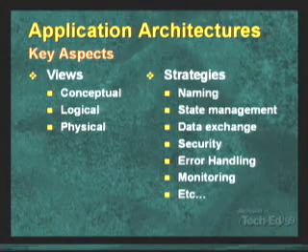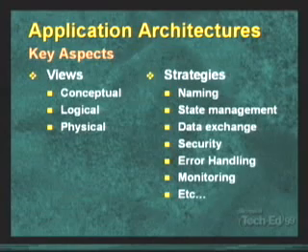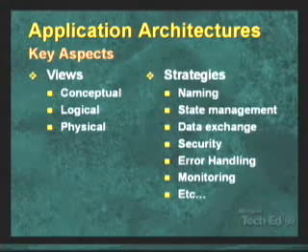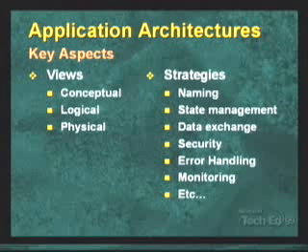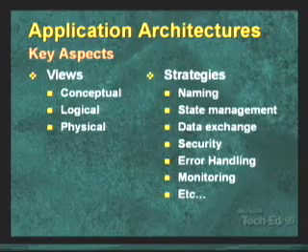You also want to have a well-defined strategy for managing state within the application. Are you going to keep it on the client? Are you going to keep it on the server? Are you going to keep it in the database? Where are you going to pass it around? When do you need to pass it around? This is particularly important when you're working with MTS and COM+, because COM+ and MTS as well will not let you maintain per object state across the transaction boundary.